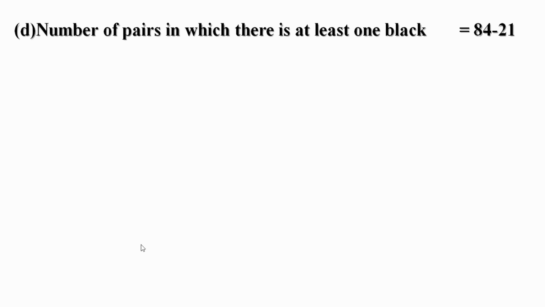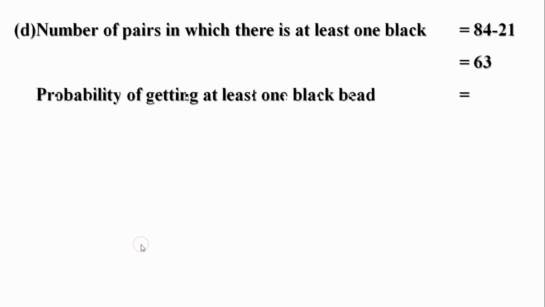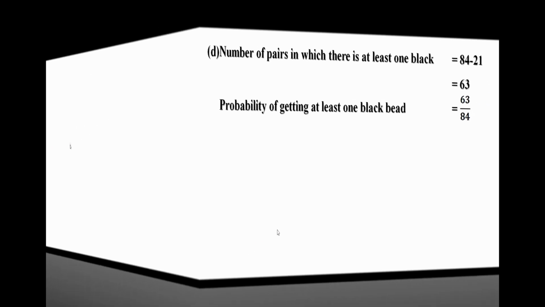The total number of pairs is 84 and the number of pairs in which both are white is 21. So there are 63 pairs in which there is at least one black bead. Sometimes it can be both black beads, sometimes it can be one black bead and the other white. So the probability of getting at least one black bead is equal to 63 by 84.